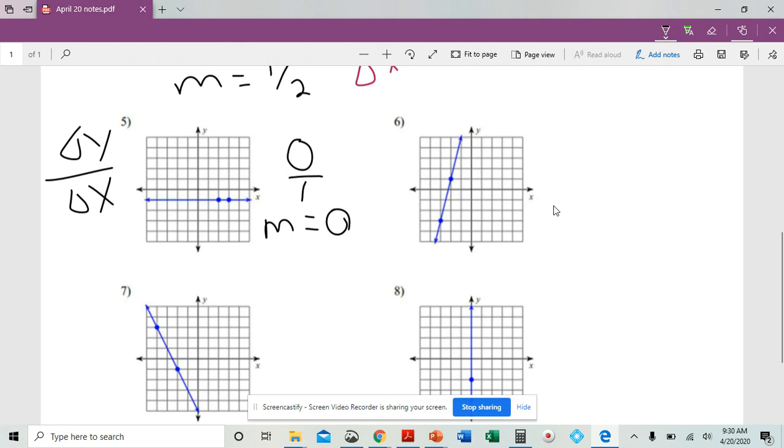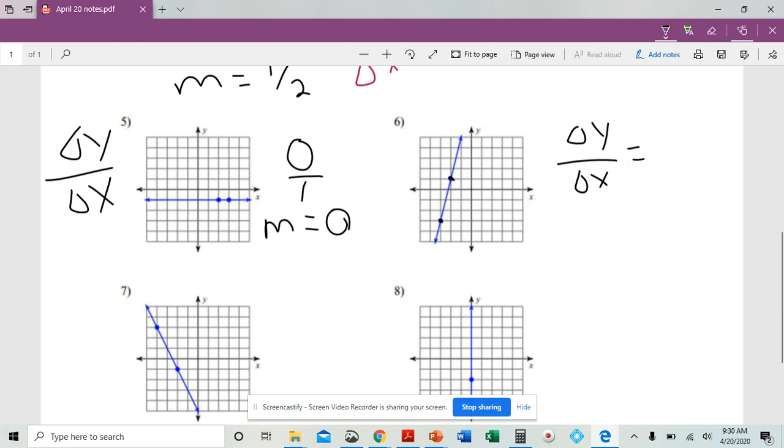Let's give number 6 a whirl. Let's start here with this one, this bottom dot, and we're going to move up to this top dot. All right, so our rise over run, change in y over change in x. Okay, how many units did we move up or down from this point to this point? Well, it looks like we moved up, so it's positive. 1, 2, 3, 4. 4 units.